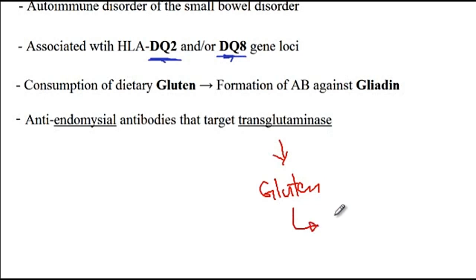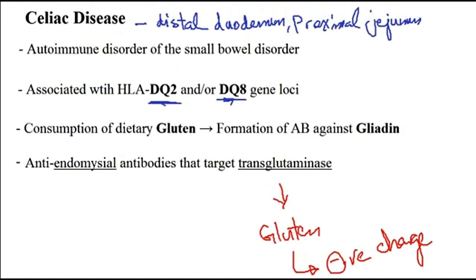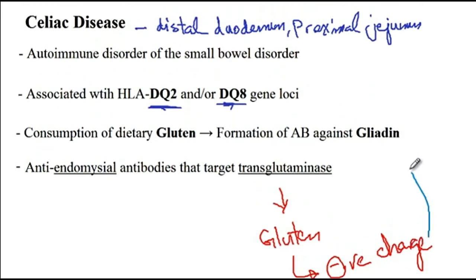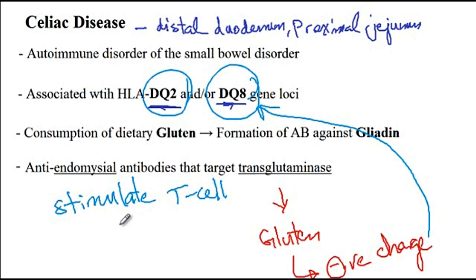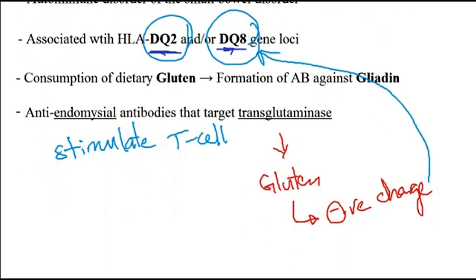Glutamic acid has a negative charge, which enhances binding of proteins to DQ8 and DQ2 gene loci, as a consequence of which they would potentiate the capacity to stimulate T cell production. Therefore, these patients, because of the stimulation of the T cells, are at increased risk of T cell lymphoma.